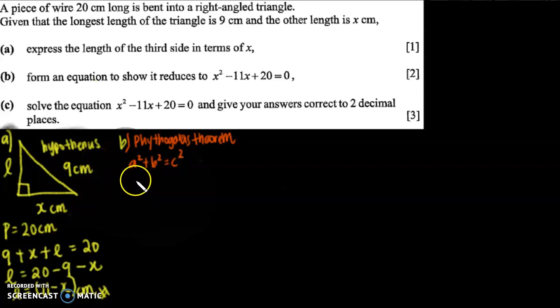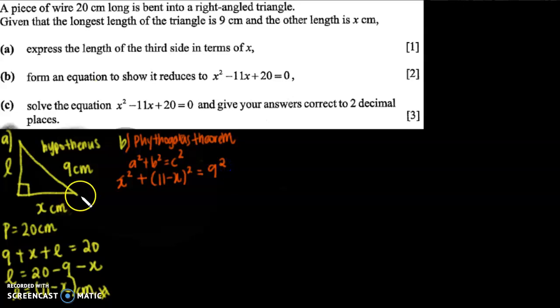Let's put in those values. We know that this side is x, so this is x squared, plus L. We know L is 11 minus x, so we put down 11 minus x, and don't forget to square it. And the hypotenuse is 9 squared.